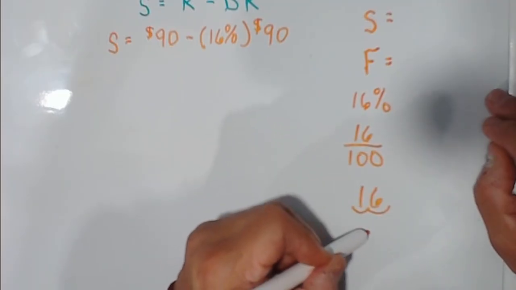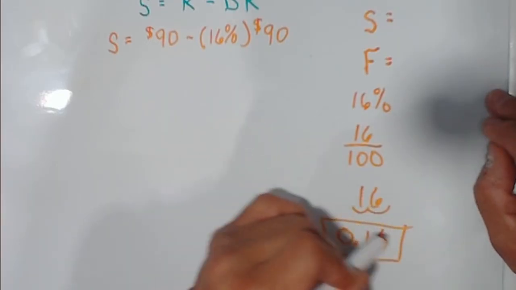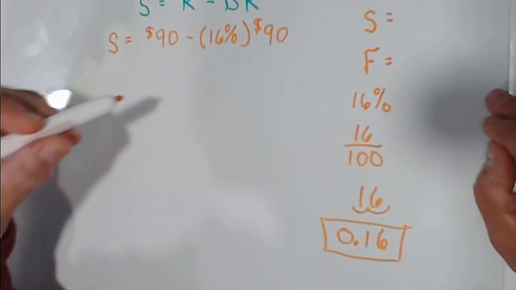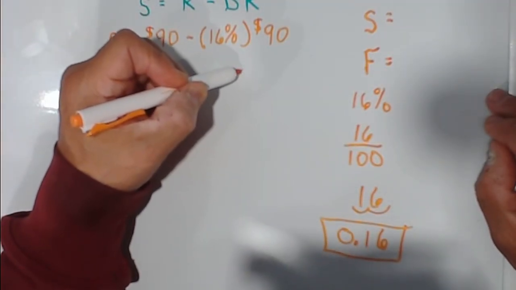Our number is 0.16, which is a better number to use. So we're going to do 90 times 0.16.